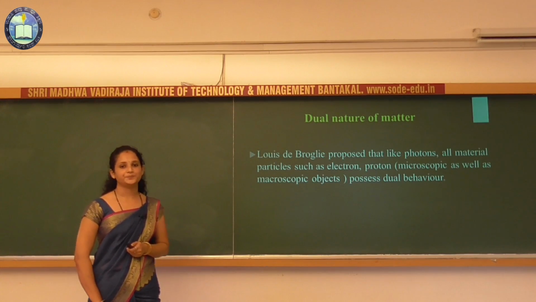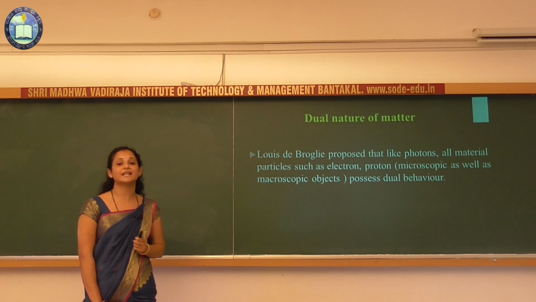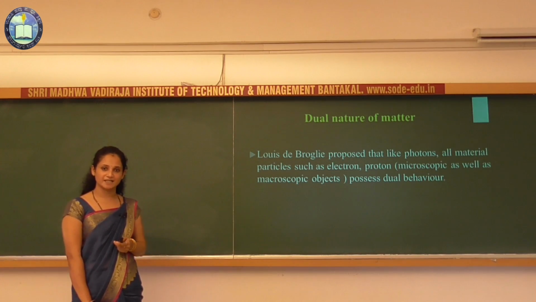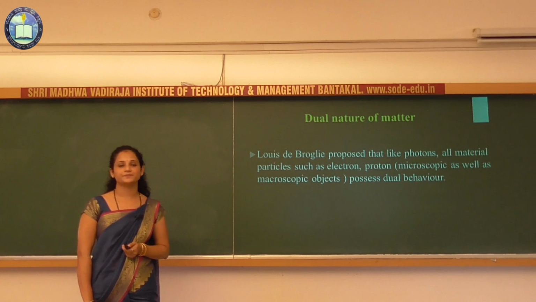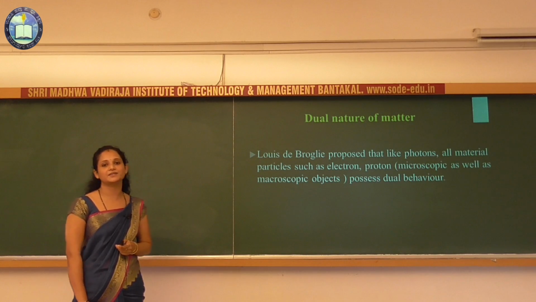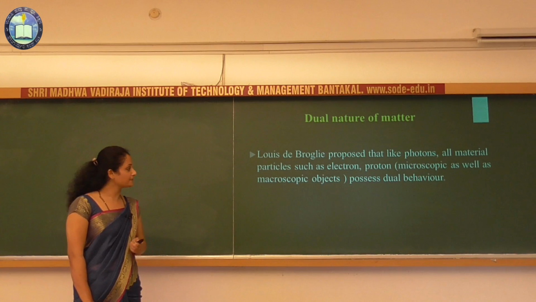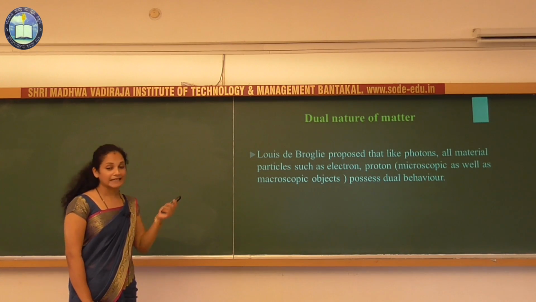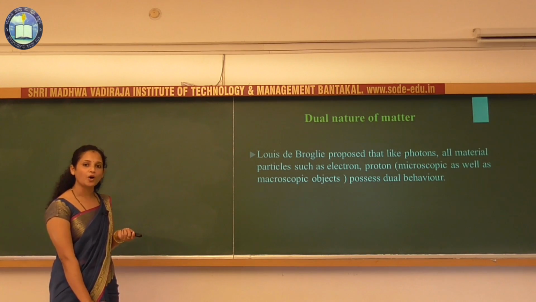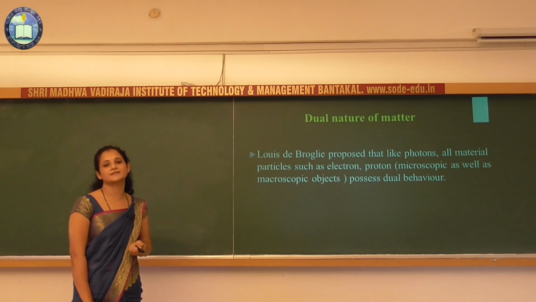In 1905, Einstein suggested that light shows dual behavior. It has dual character, that means it shows both wave-like as well as particle-like nature. In 1924, Louis de Broglie, a French physicist, advanced that all material particles, microscopic as well as macroscopic, electron, photons, or a piece of chalk, piece of stone, ball, etc., all the moving material particles possess dual behavior.